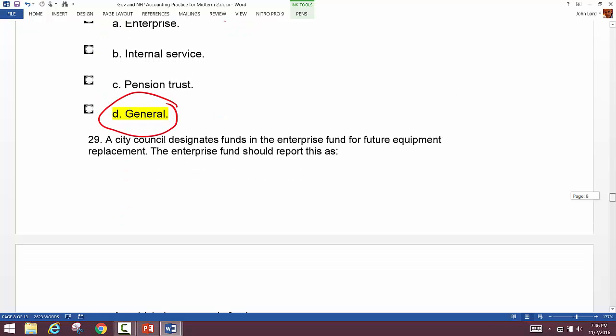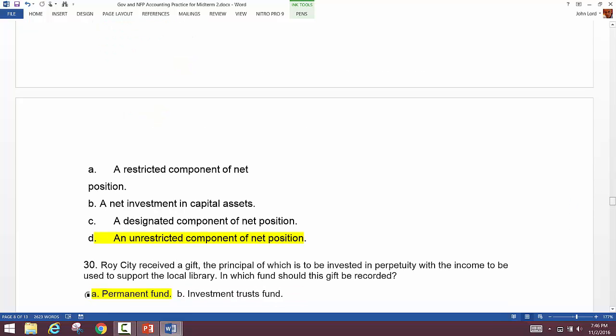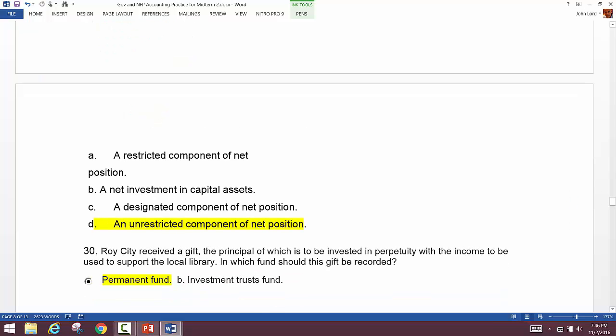Number 29, a city council designates that funds in the enterprise fund be used for future equipment replacement. The enterprise fund should report this as what? It is unrestricted because there's no external restriction, right?